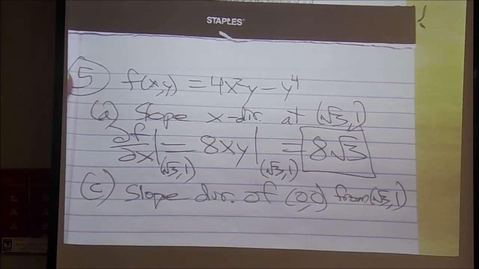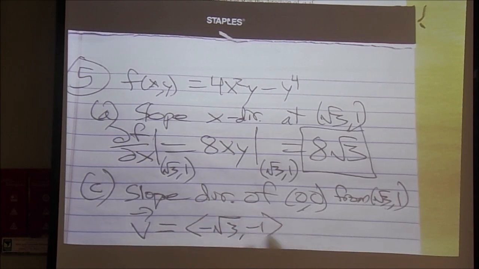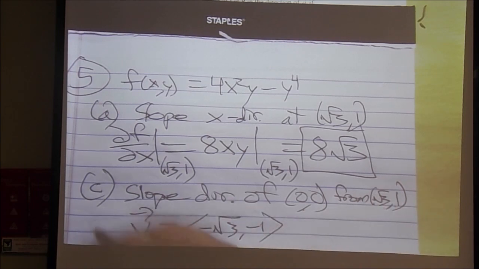And actually, the directional derivative is the partial derivative in the x and y directions when you're moving in those directions. So we want to move towards the origin 0, 0 from square root 3, 1, and the direction is minus square root 3, minus 1. For point coordinates I'll use round brackets; for a vector, I use angle brackets. This will be the direction.